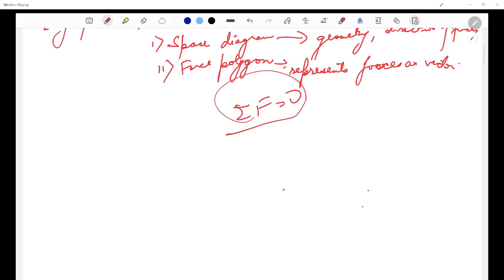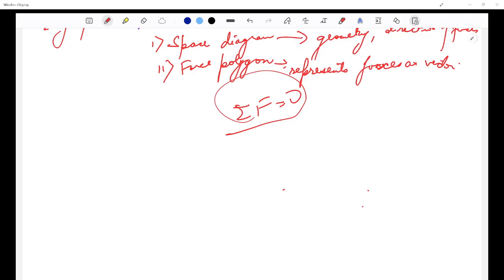So suppose we know that load is 100 Newton and the direction is known. We draw a vector of 100 Newton, then construct other forces head to tail and all of that.